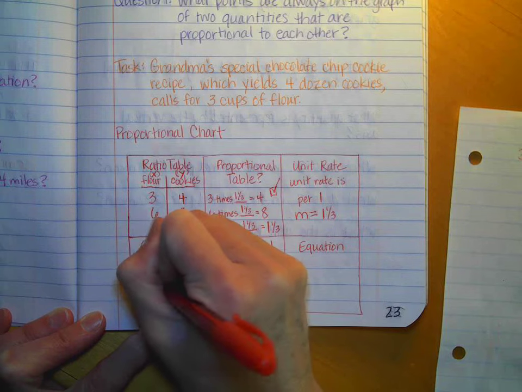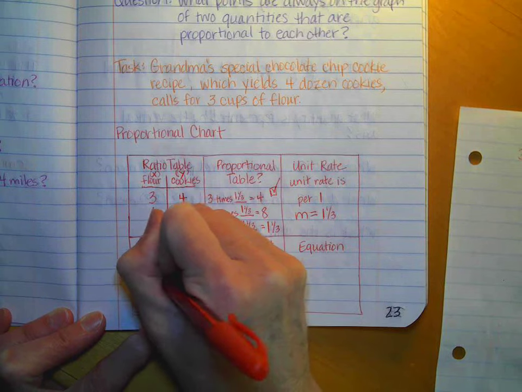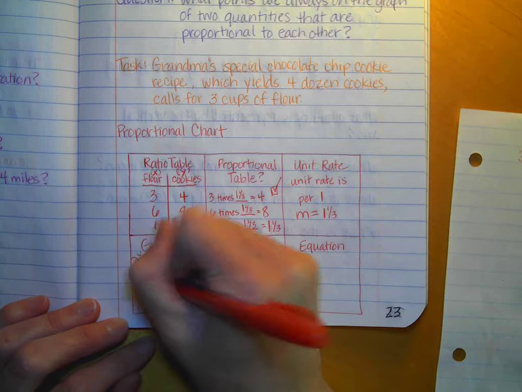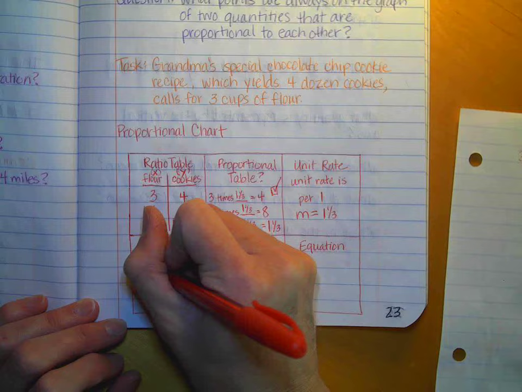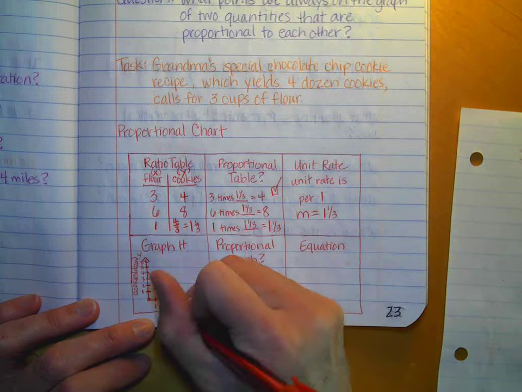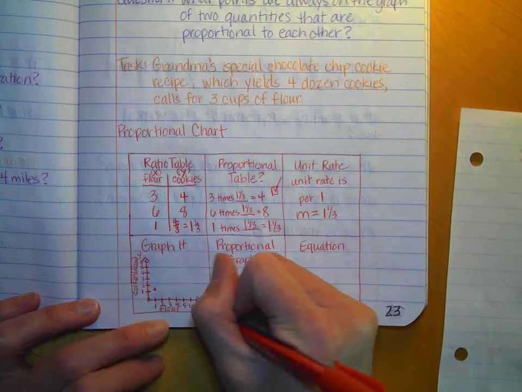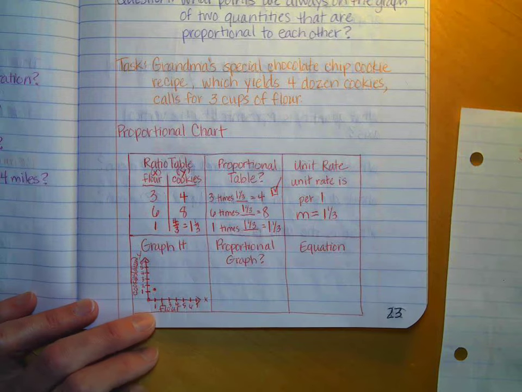And we'll say 2, 3, 4, 5, 6, that's a 7, okay?